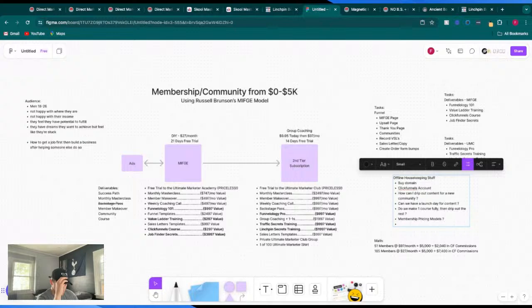Yeah, I think that's the main one: what are good prices? I know Russell Brunson does 97 to start, and then this one looked like 297, which I don't think my members will be able to afford. I don't think that makes sense for my community, especially since these are probably college students working very low paying jobs.